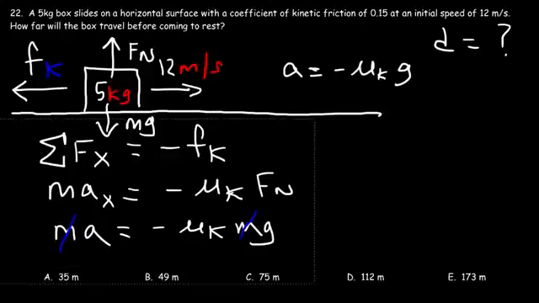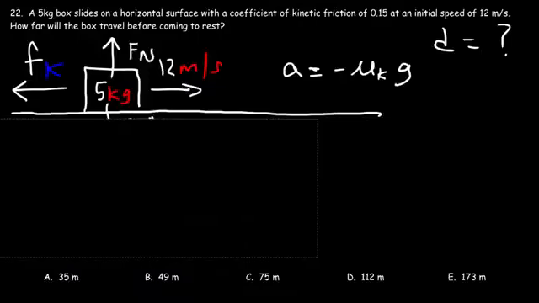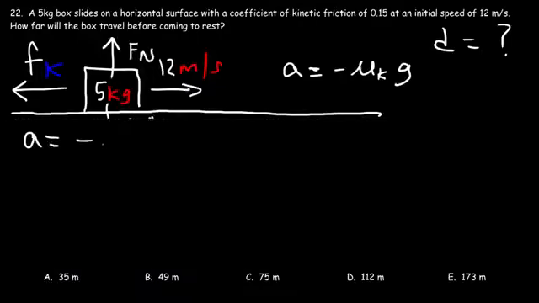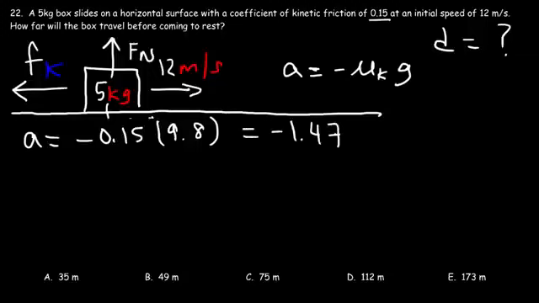It's decelerating. So the acceleration is going to be negative. Mu k is 0.15 multiplied by the gravitational acceleration of 9.8 meters per second squared. And so the acceleration is negative 1.47 meters per second squared.